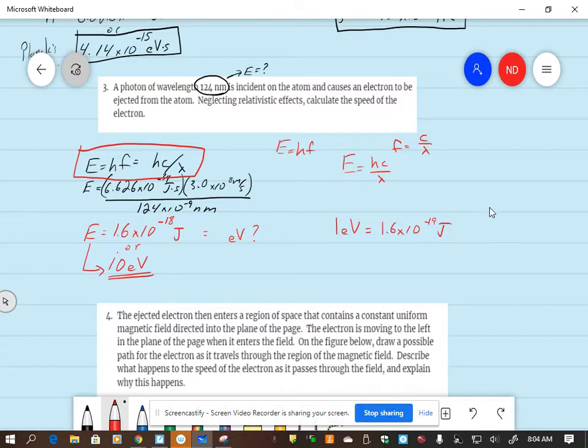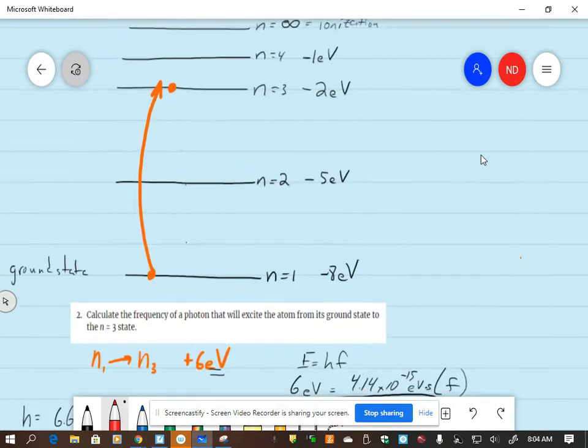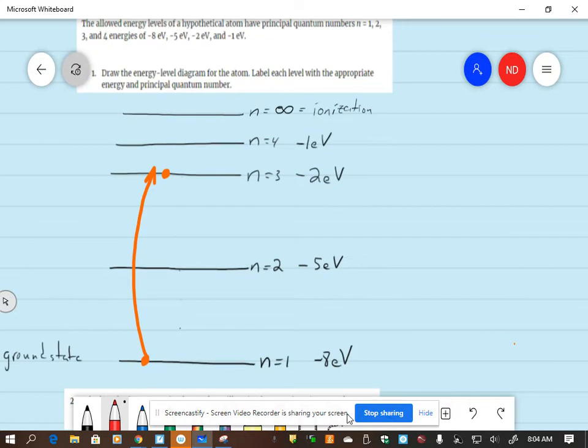So back to our energy level diagram. If a photon of 10 electron volts is incident here, 10 electron volts is going to take this electron. 8 of those electron volts will be used here, and this is going to come off with 2 electron volts.